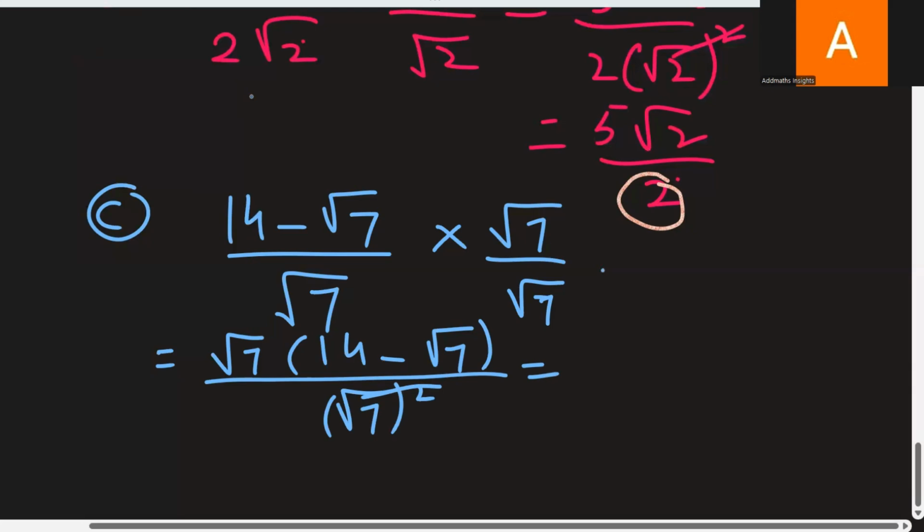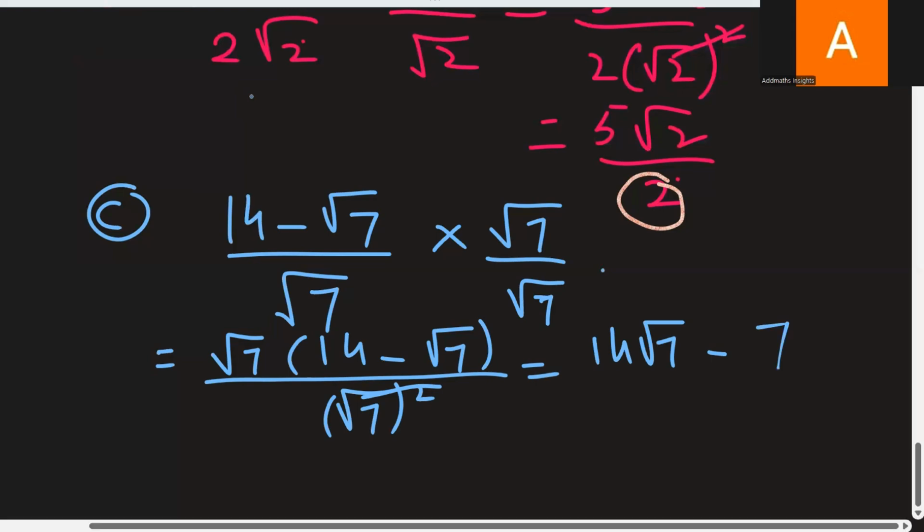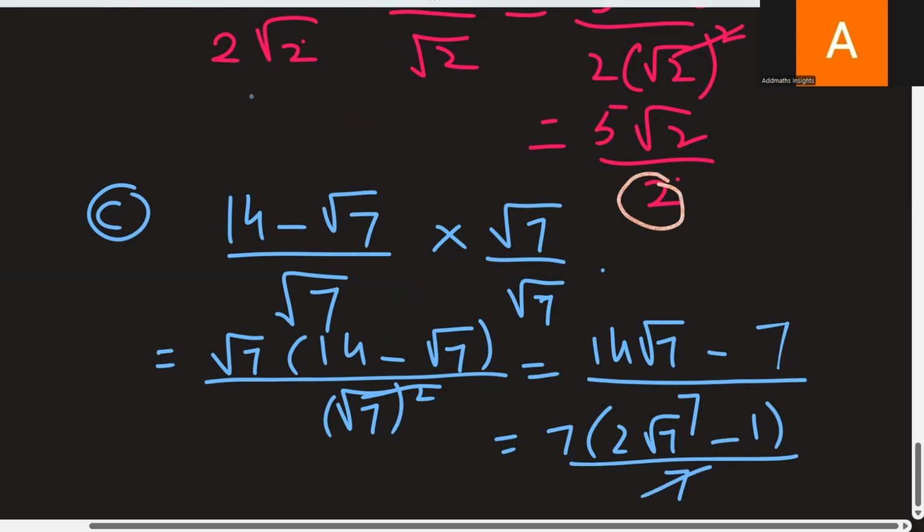You apply the distributive law. 14 times root 7, and when you multiply root 7 by root 7, it becomes the square, and the square of the square root of 7 is 7 only. And this is 7. From these two, you can further take 7 as common and simplify it. So your answer is 2 root 7 minus 1.